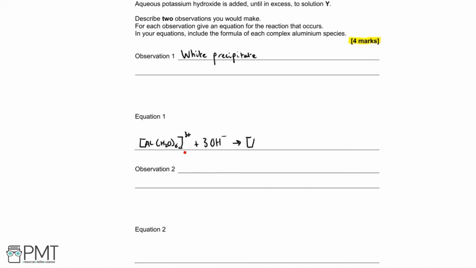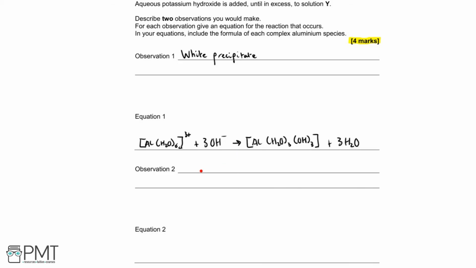So that becomes Al(H2O)3(OH)3, and those 3 hydrogen ions that have been lost from our complex aluminium ion are going to each join with one of these hydroxide ions to form a total of 3 molecules of water. So observation 1 is white precipitate, it's going to get us a mark. Equation 1 is going to get us another of those marks.